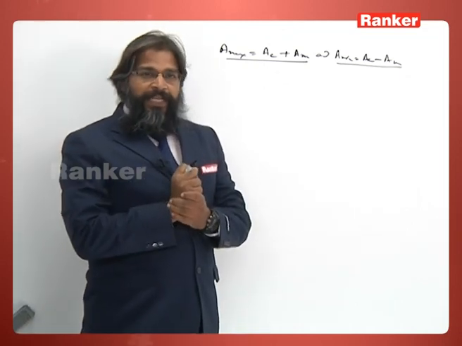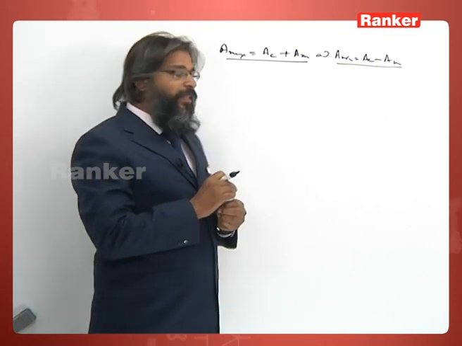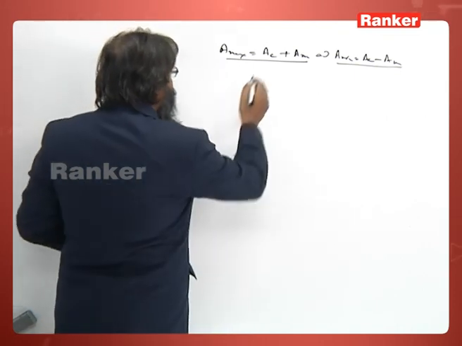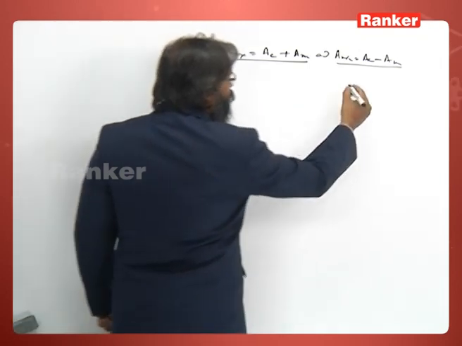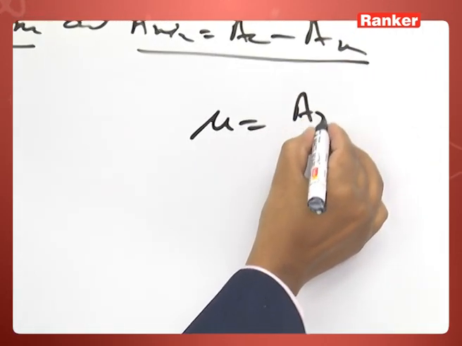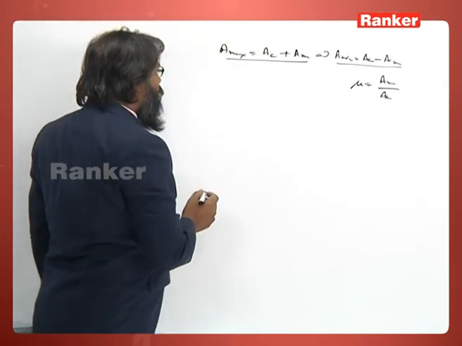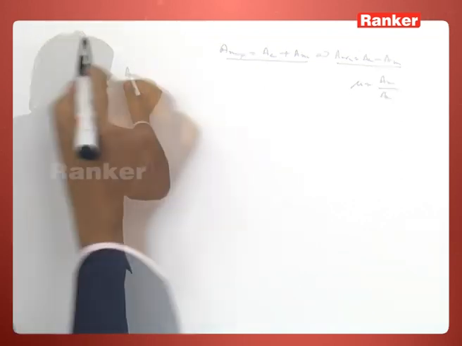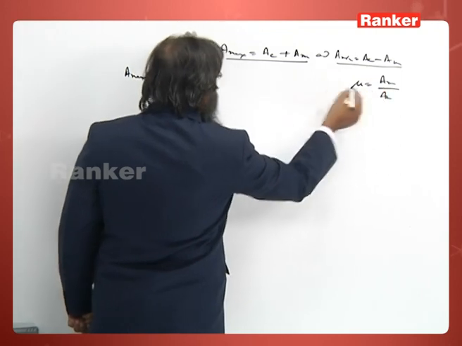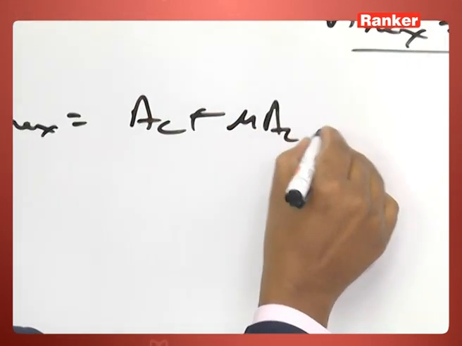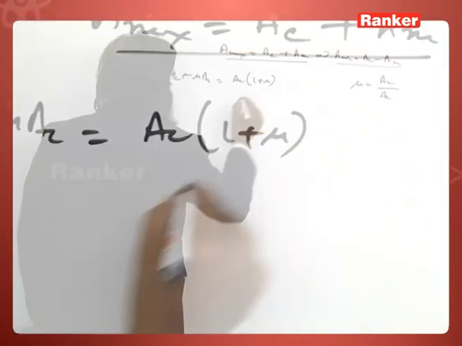So now let us see how A max and A min can be expressed in terms of modulation index. We define modulation index mu as AM by AC, and generally it is less than 1. So A max becomes AC plus AM, and AM is mu AC, so we get AC into 1 plus mu.